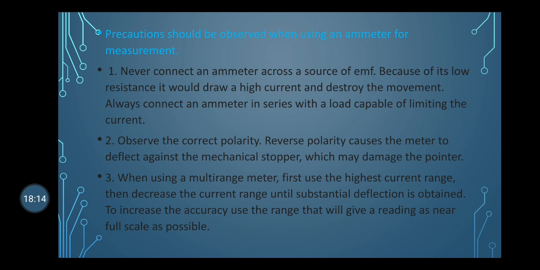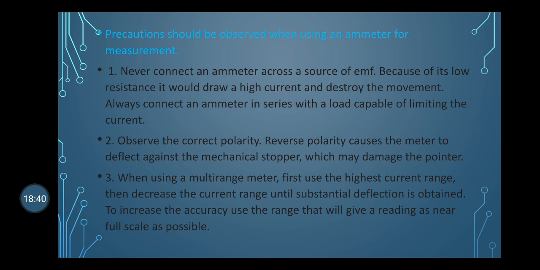The third precaution is related to the multi-range meter. First use the highest current range and then decrease the current range until a substantial deflection is obtained. To increase accuracy, use the range that gives a reading as near full scale as possible.